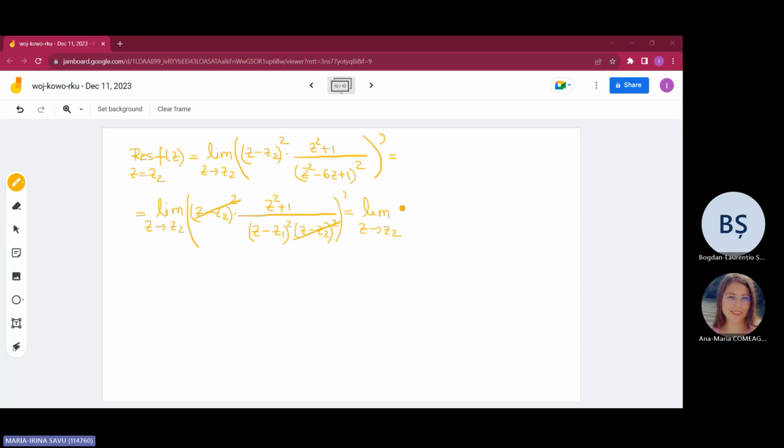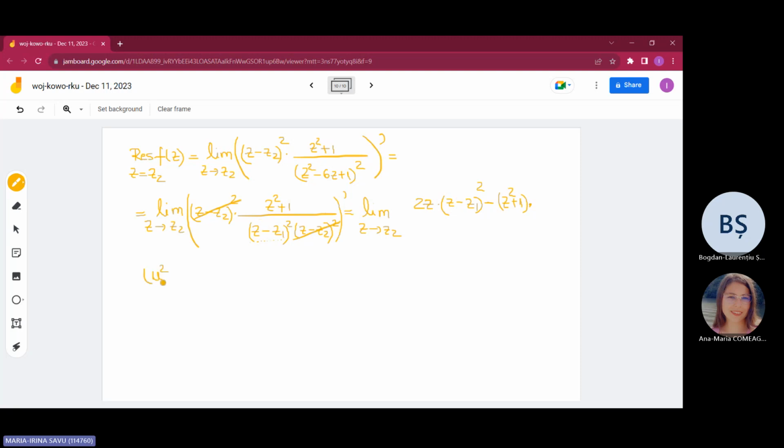So this is z squared plus 1, the derivative, which is 2z, times z minus z1 squared, minus z squared plus 1 times the derivative of this function. So you have u squared, okay?